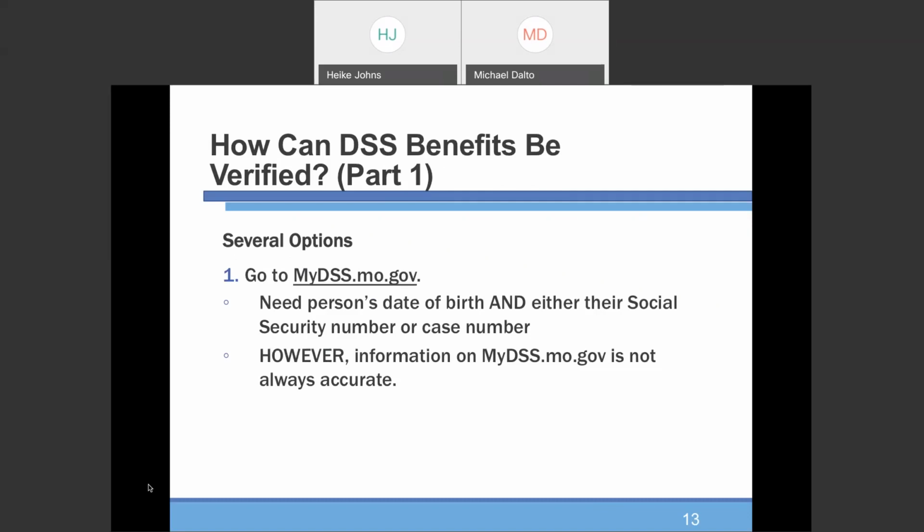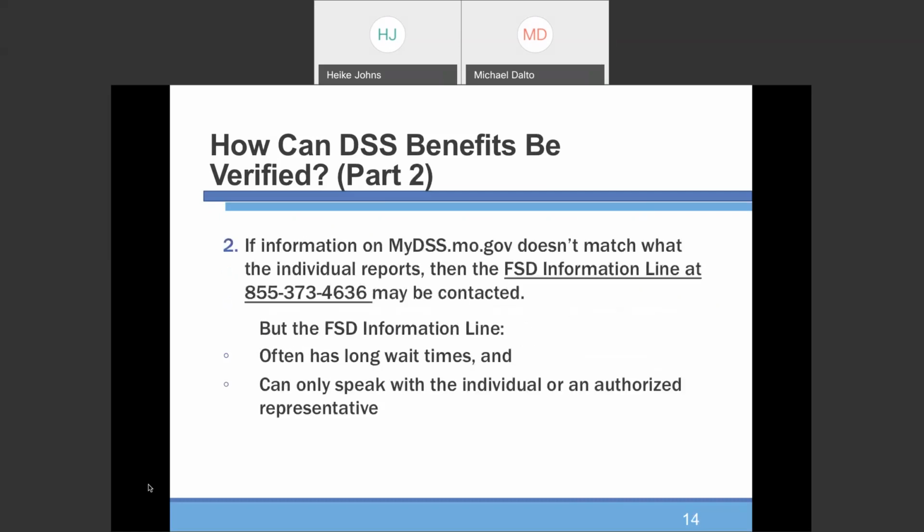But it's important to note that information on mydss.mo.gov is not always completely accurate. So you'd want to also make sure that the information you get matches information from other sources, such as benefit award letters or verbal information you get from the individual or a worker.